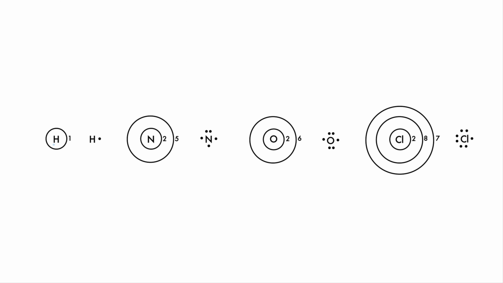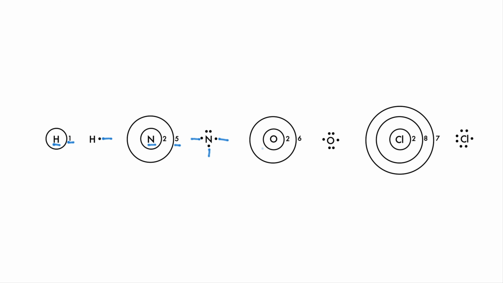We can draw these two types of representations for other important atoms. Hydrogen is in group 1 and has only 1 valence electron ready to bond. Nitrogen is in group 5 and has 5 valence electrons. In the Lewis dot structure, they occur in 1 lone pair and 3 unpaired electrons, ready to make 3 bonds.